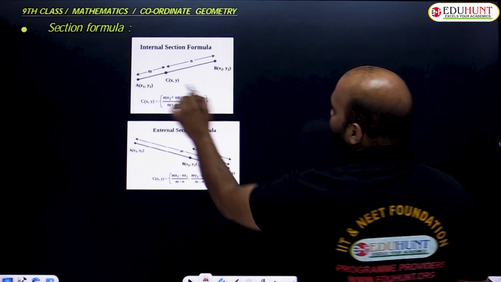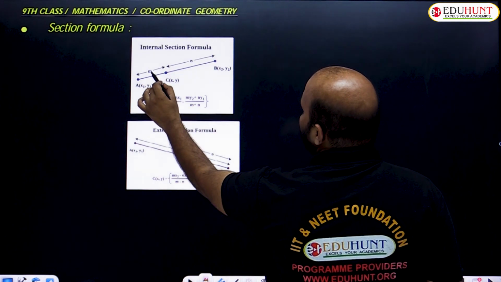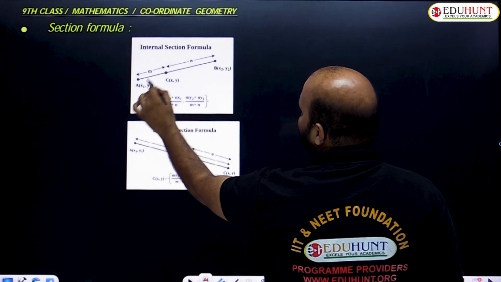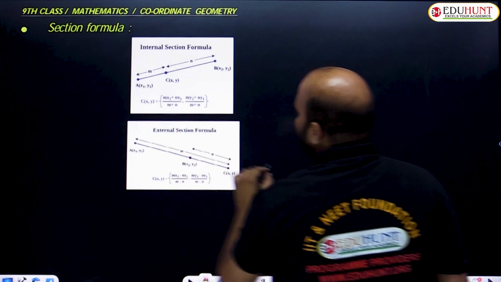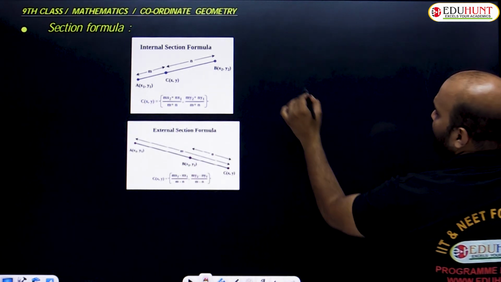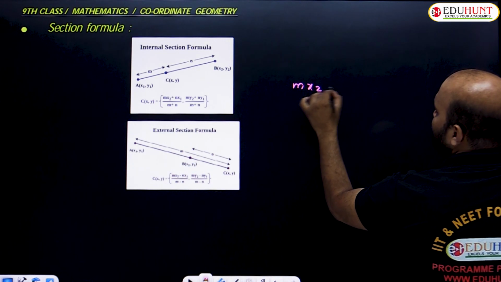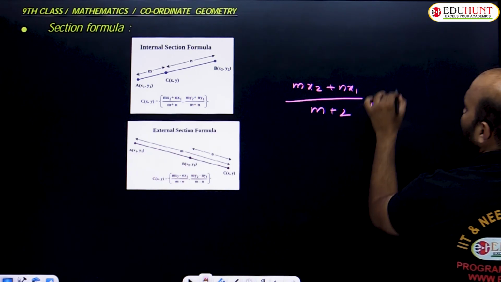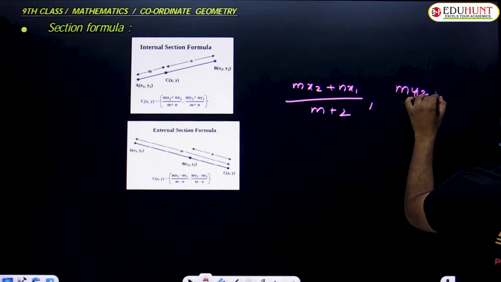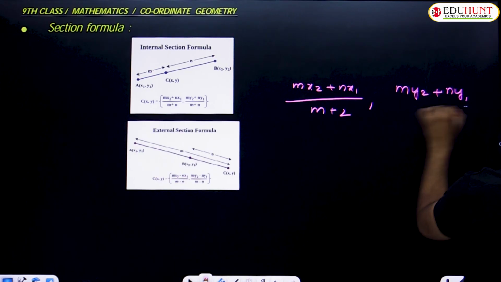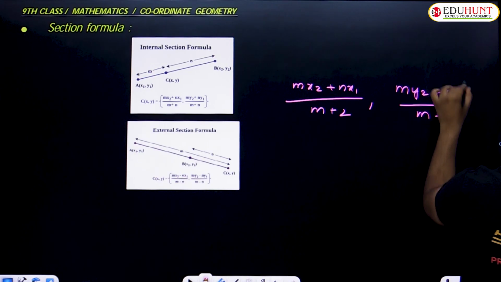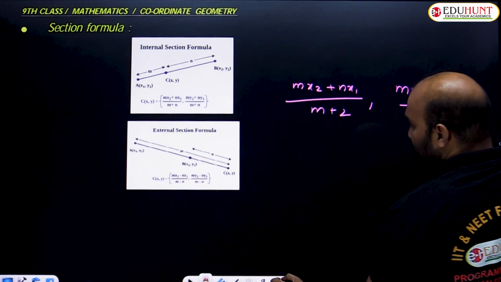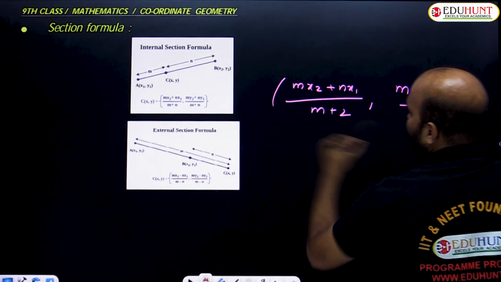The point C (x, y) divides the line internally in the ratio m is to n. Therefore, the internal section formula equals (m x2 plus n x1) by (m plus n), comma (m y2 plus n y1) by (m plus n). So this is the internal section formula. This is very important.